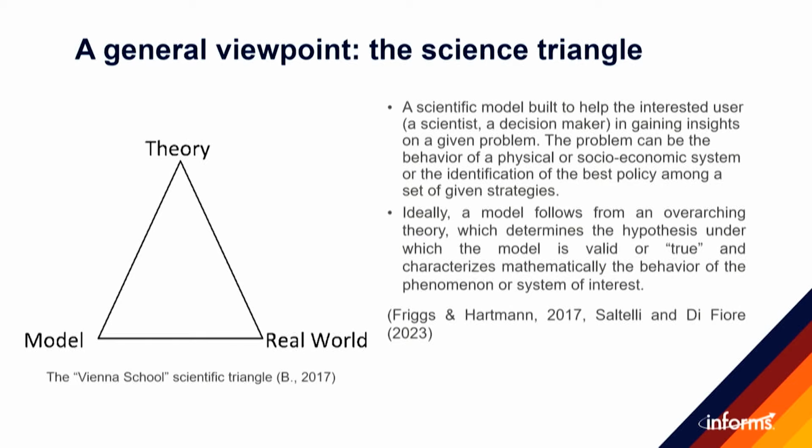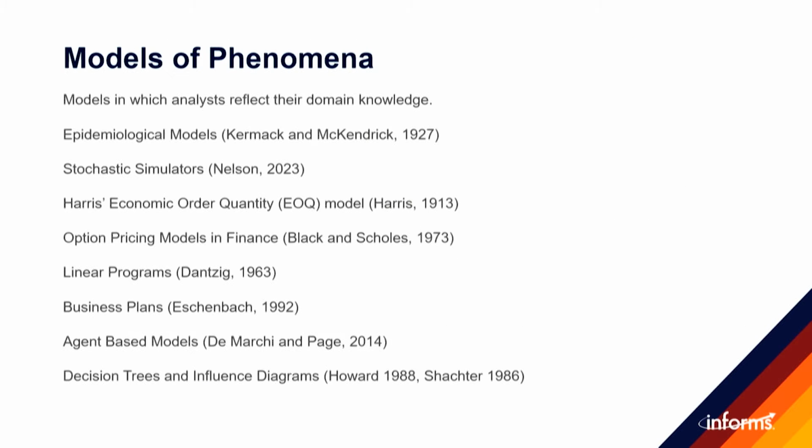So the Frigg and Hartmann is particularly interesting because it's, if you want, the epistemological view of what is a scientific model, and they distinguish two types of models: models of phenomena and models of data. If we take our literature in operations research, we would find several models that can be seen as models of phenomena. Here I listed several in many disciplines.